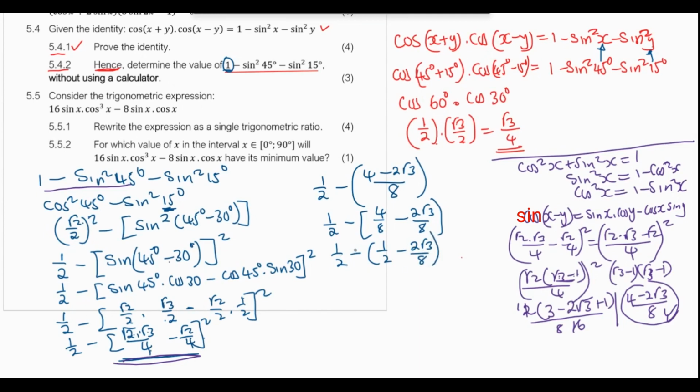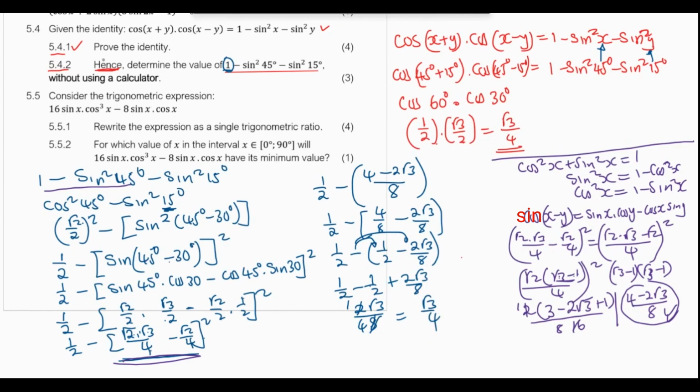Right? Then let's remove the bracket by distributing negative 1. It's going to be 1 over 2 minus 1 over 2 plus 2 root 3 over 8. Half minus half is 0, so we remain with 2 root 3 over 8. 2 into 2, 1, 2 into 8, 4. So we have our root 3 over 4, you see.